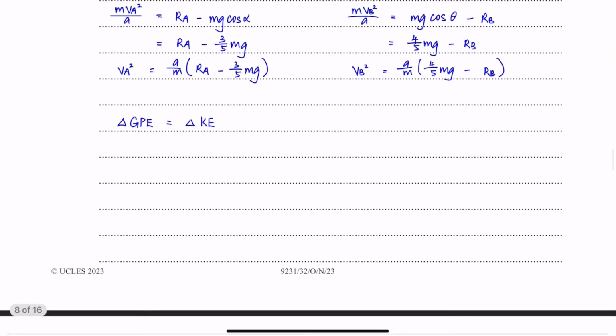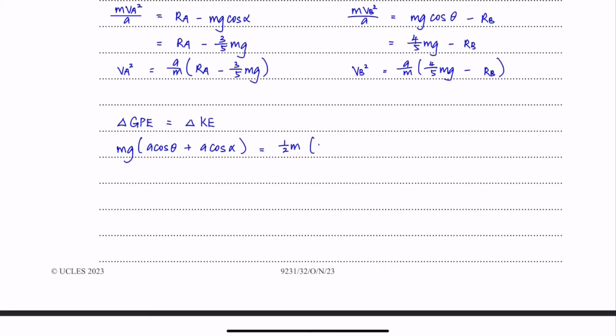So we would have mg times h, which is a cos theta plus a cos alpha, equals half v squared, and the v squared here would be the change in v squared.